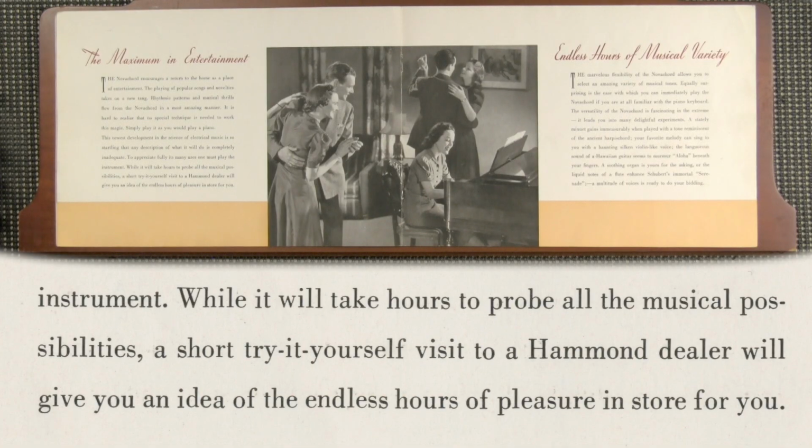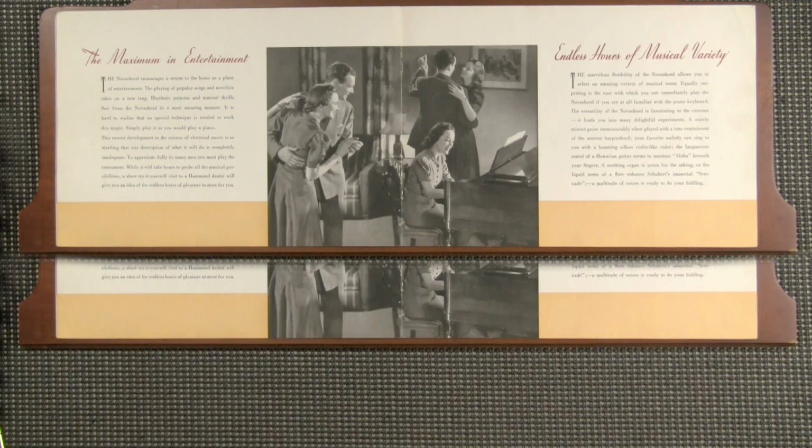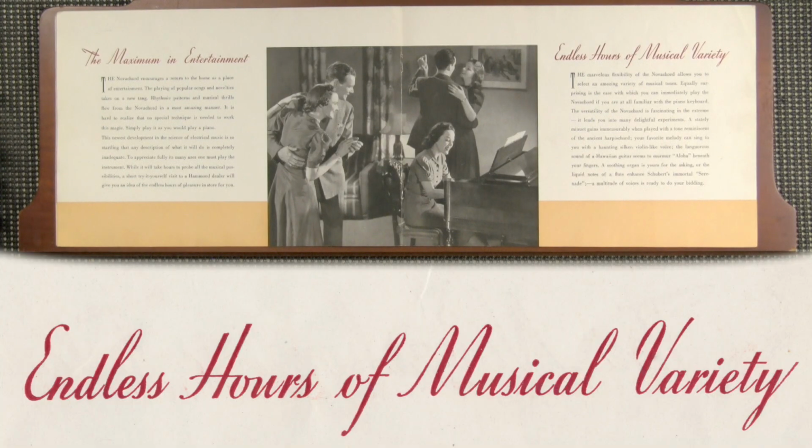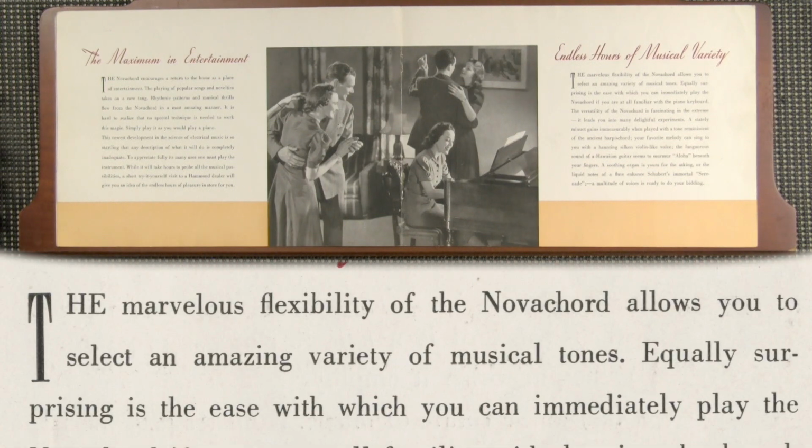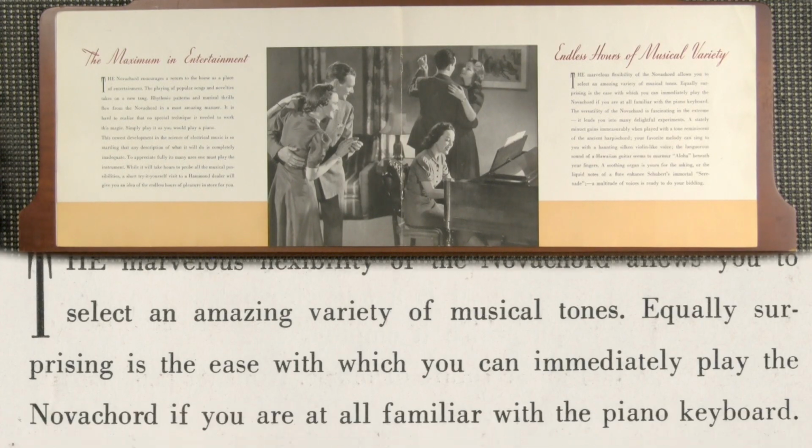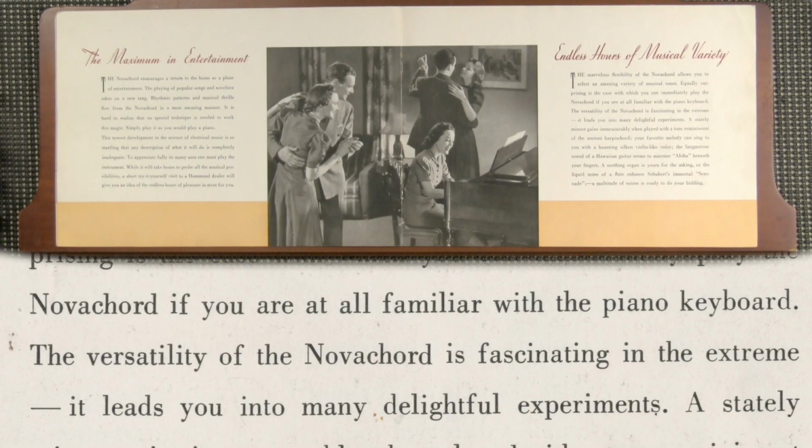While it will take hours to probe all of the musical possibilities, a short try-it-yourself visit to a Hammond dealer will give you an idea of the endless hours of pleasure in store for you. Endless hours of musical variety. The marvelous flexibility of the Novachord allows you to select an amazing variety of musical tones. Equally surprising is the ease with which you can immediately play the Novachord if you are at all familiar with the piano keyboard. The versatility of the Novachord is fascinating in the extreme.